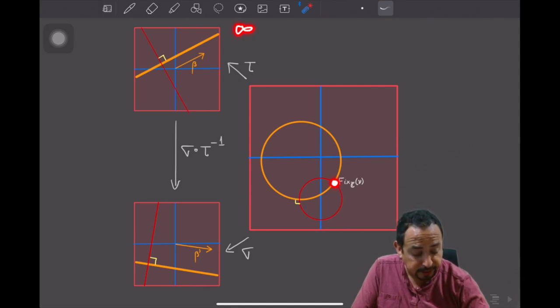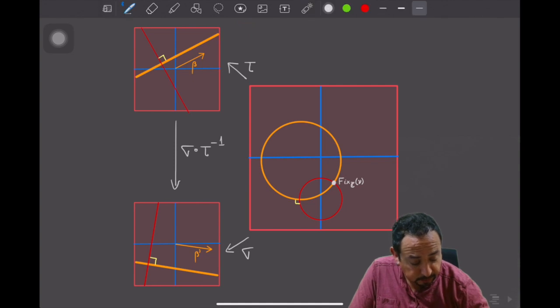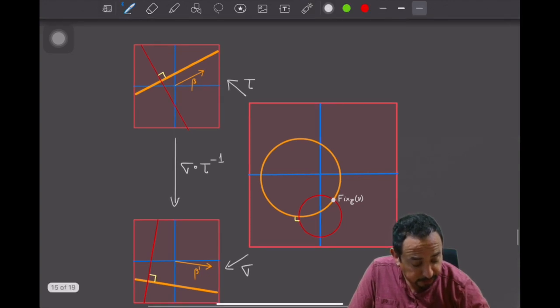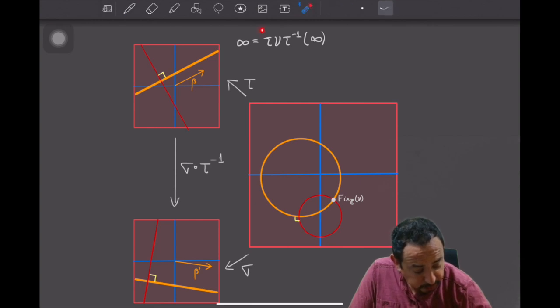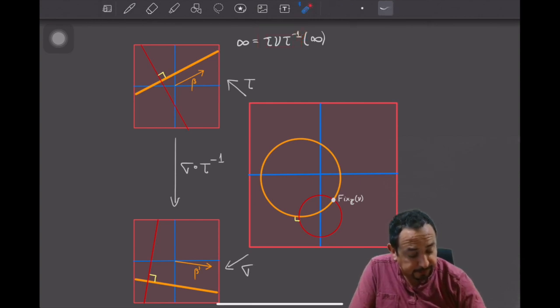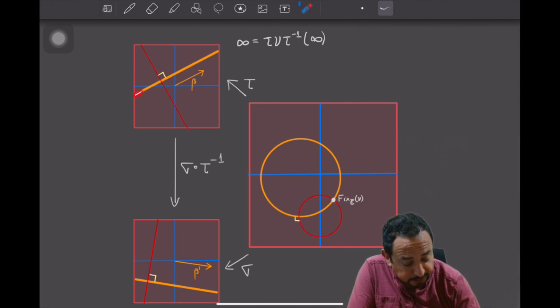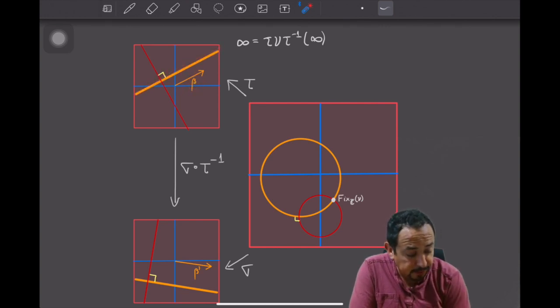Okay, and then when I conjugate, infinity becomes a fixed point of the conjugation tau nu tau inverse. Right. So tau nu tau inverse is a translation, let's say translation by some vector beta.